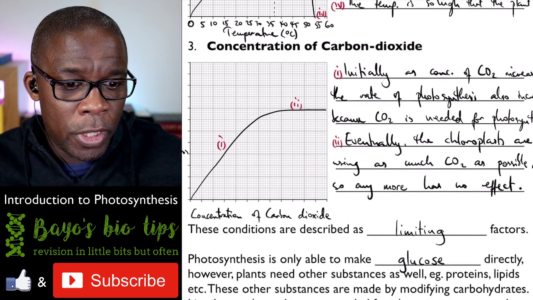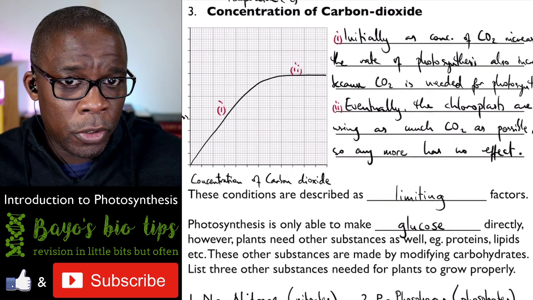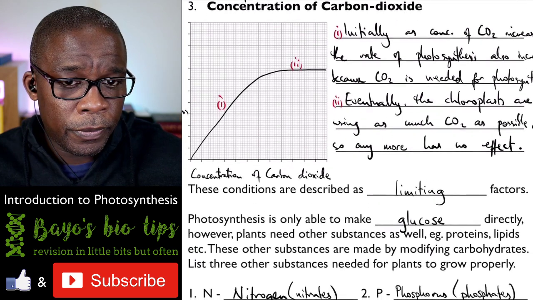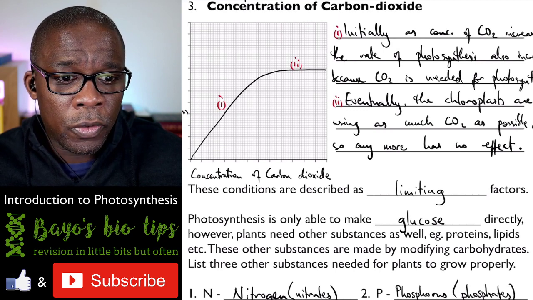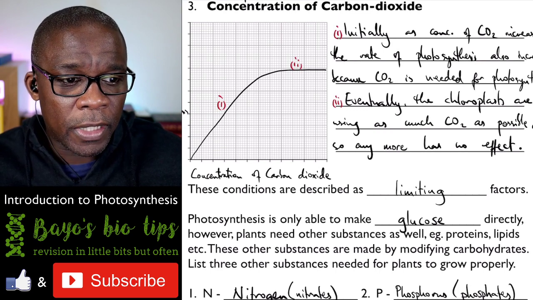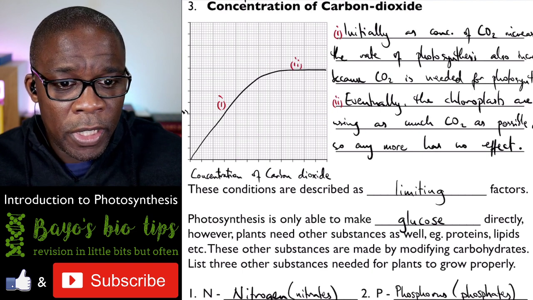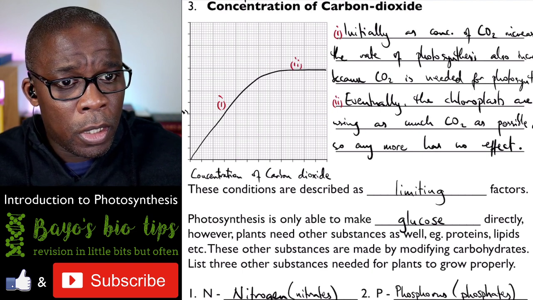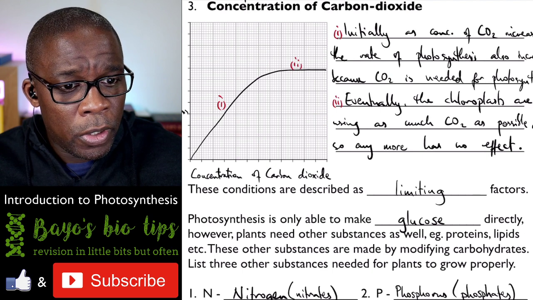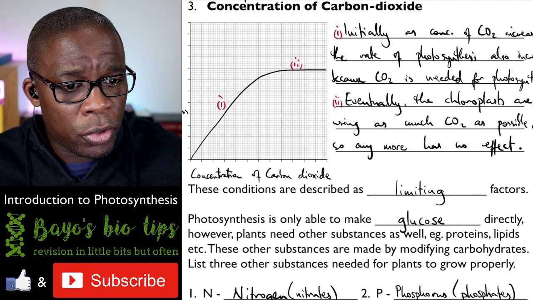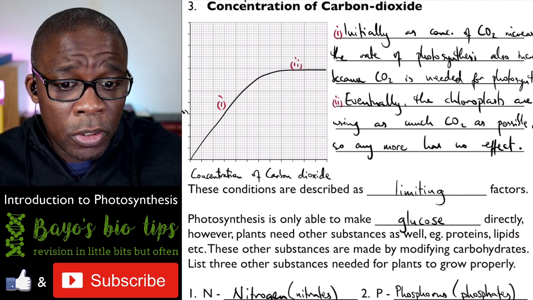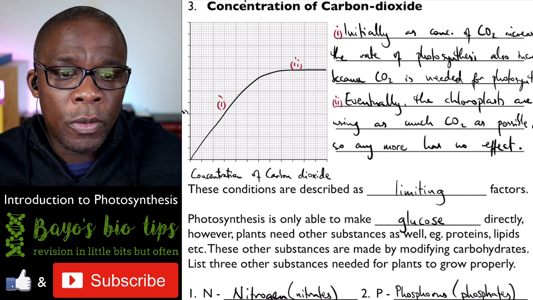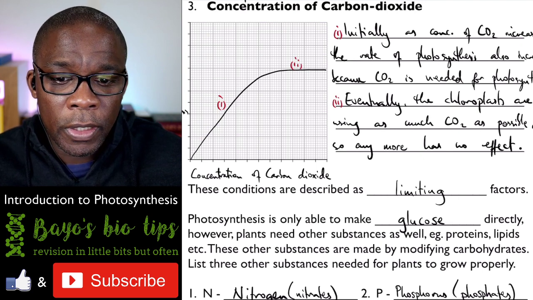So we go on to the next bit of the worksheet. These conditions are described as limiting factors. So basically they are the conditions or factors which control the rate of photosynthesis. They limit the rate of photosynthesis. Photosynthesis is only able to make glucose directly.